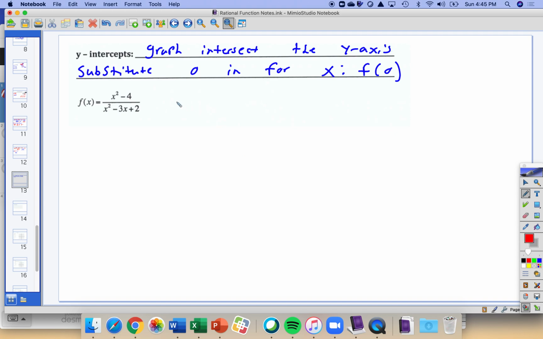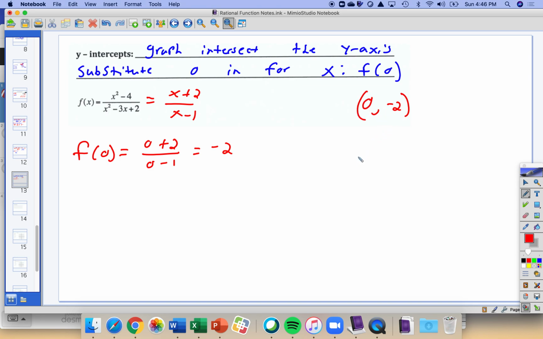And when I input 0 in for x, whether I do it in this function or in this function, because they're the same, I can find f of 0, which is 0 plus 2 over 0 minus 1. So I get negative 2. So I get a y-intercept of 0, negative 2. Okay, it is a point.